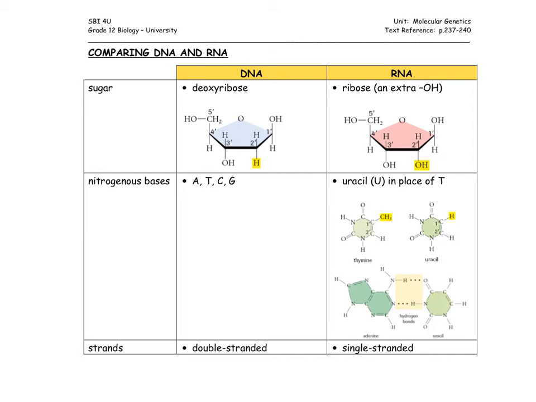Because our mRNA is going to be sending that message from DNA to the ribosome, it's pretty critical that we understand the differences between the structural components of DNA and RNA, because they do have some subtle differences that are important to note. The first being that they have a different sugar.